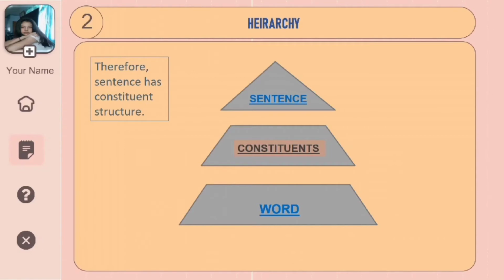Going back to constituents, if you start at the word level and say the words are the building blocks of sentences, then you have the sentence level. You can think of constituents as an intermediary level between the word level and the sentence level. To put it in other words, sentences have a constituent structure.